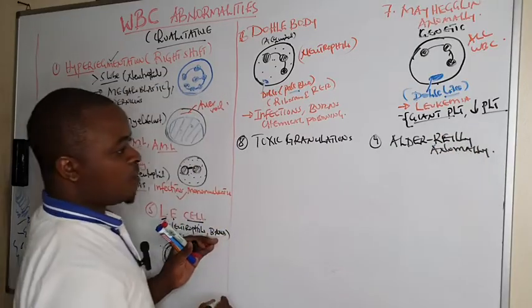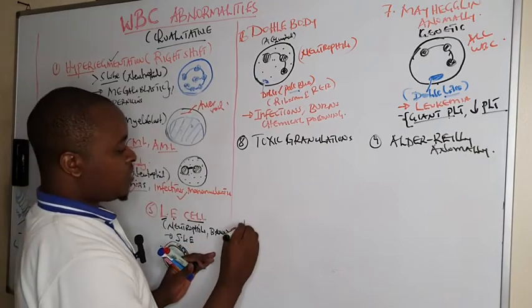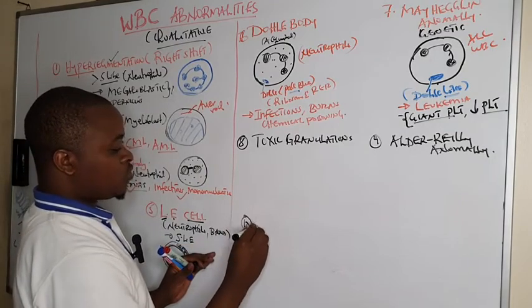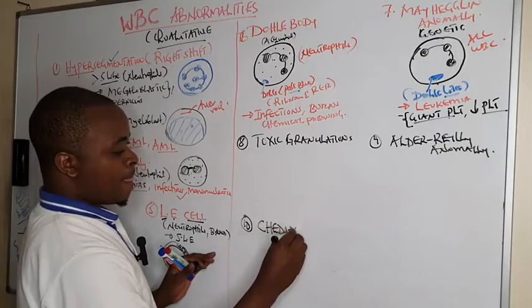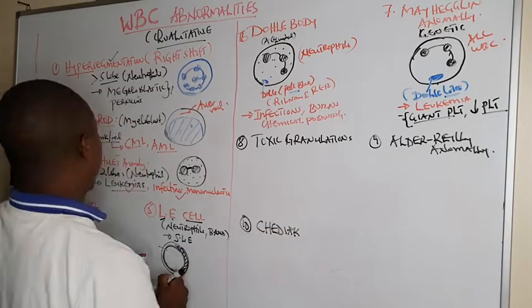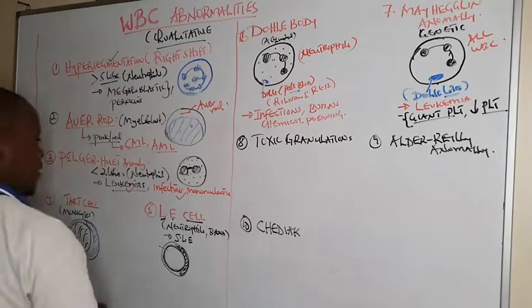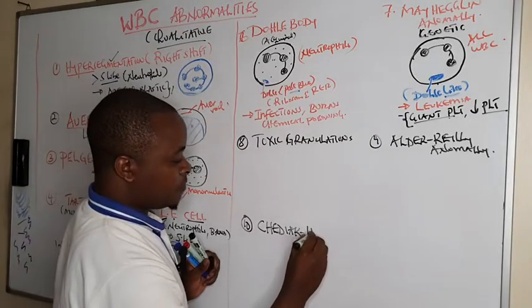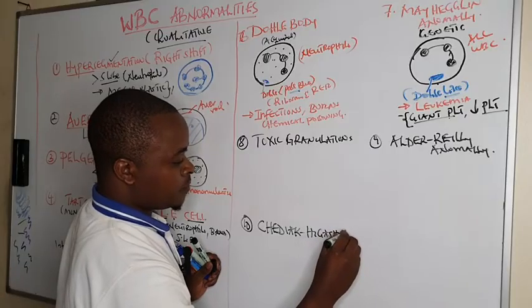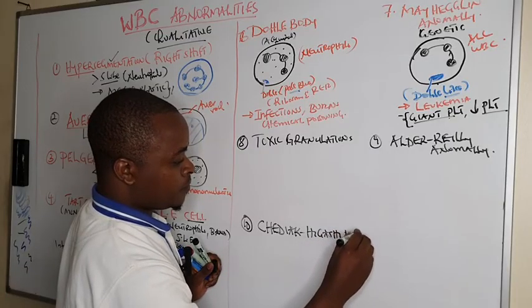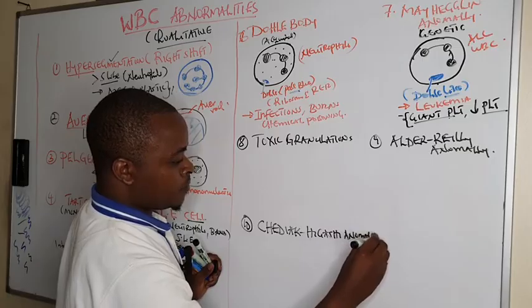Then at the same time, we are going to compare it with number 10, which we are going to call Chediak-Higashi anomaly, or cell.